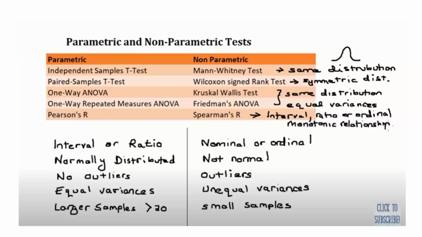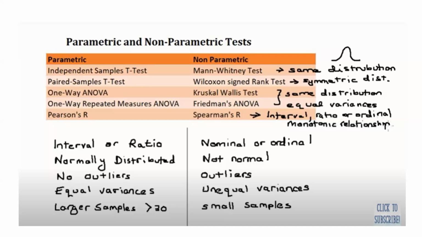Okay. So as we arranged them here, it means that when you don't meet the assumptions required for parametric tests, instead of using the independent sample t-test, you use the Mann-Whitney test. We can see them clearly in SPSS in our future training.